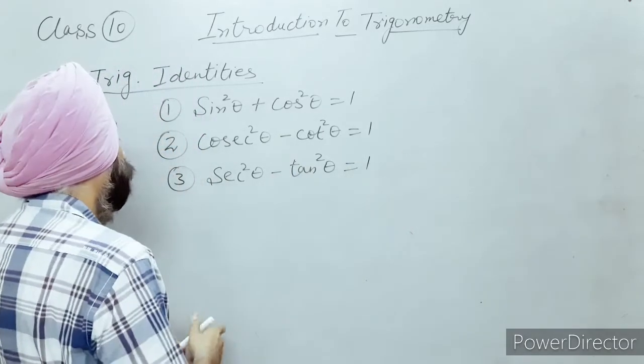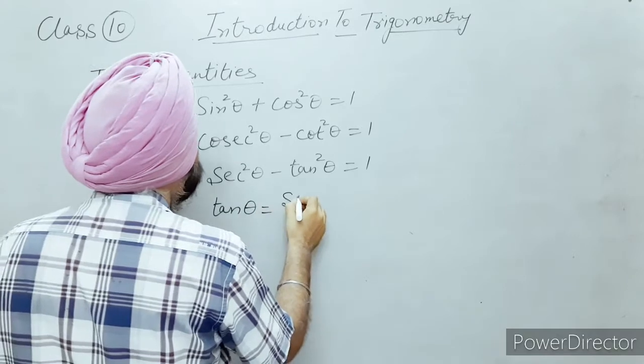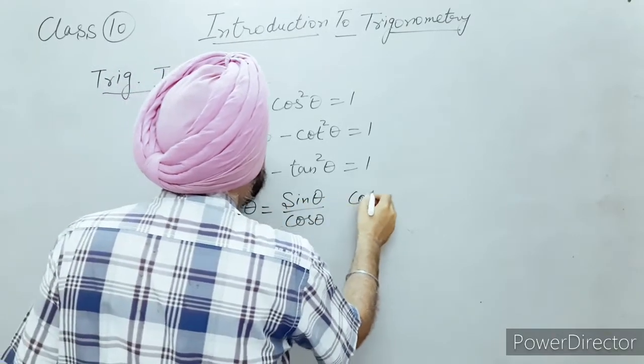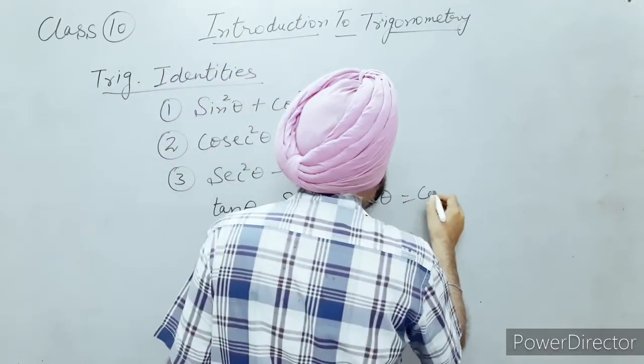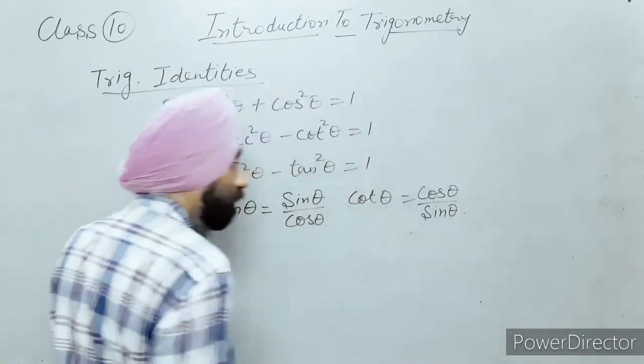In addition to it, tan theta can be written as sine theta upon cos theta. Cot theta is the reciprocal of tan theta. It can be written as cos theta upon sine theta.